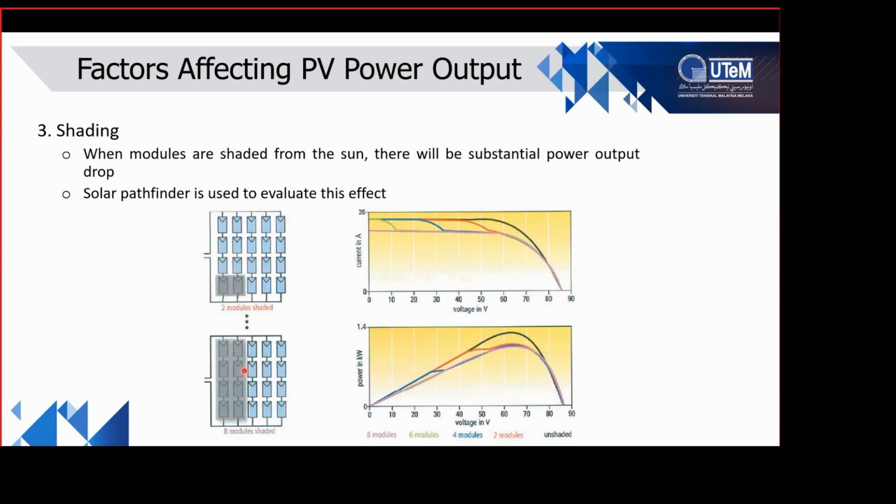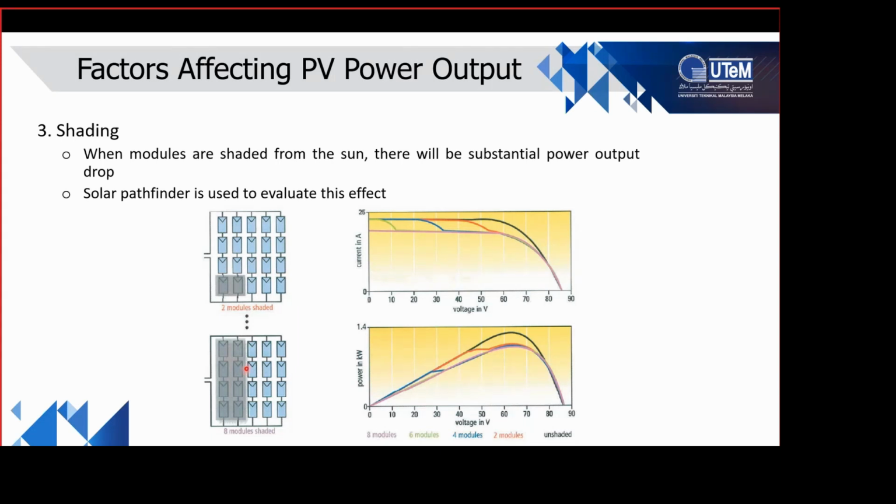Even in UTeM, we have one of our modules shaded by a lightning arrestor. During some times of the day, the lightning arrestor covers only a line on our module, but the drop can be 20% to 40% because of the series connection.